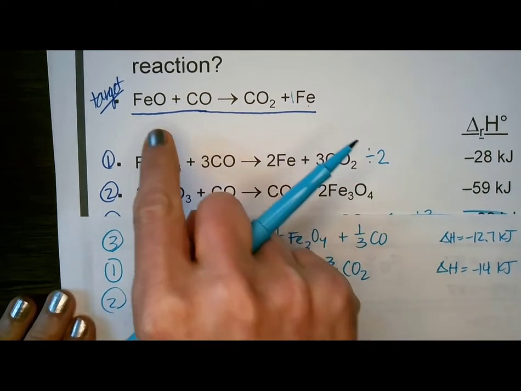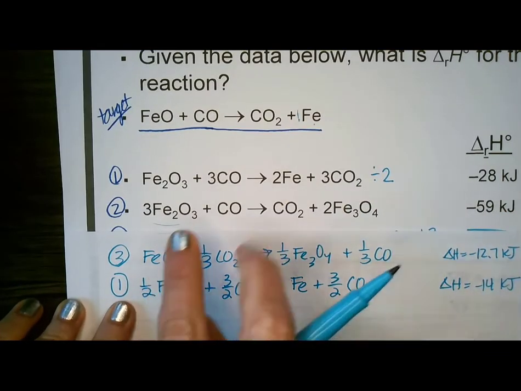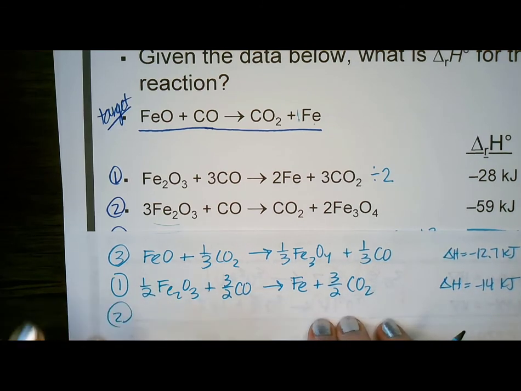So I don't have Fe2O3 at all in my target reaction. And right now, when I wrote down number 1, I have half. So in order to cancel out, I need half of Fe2O3 on the right.